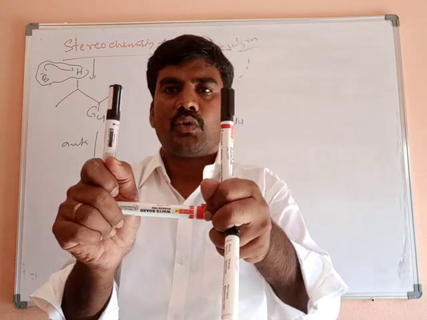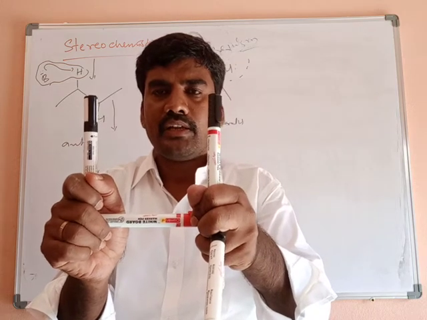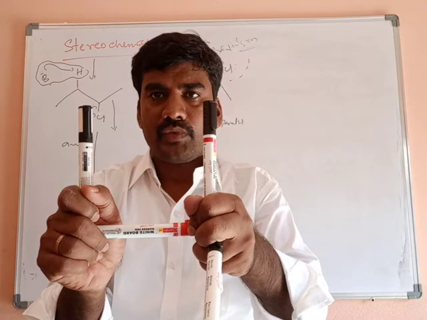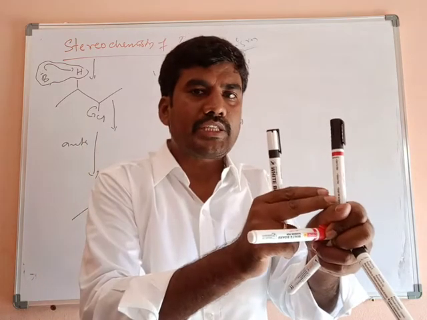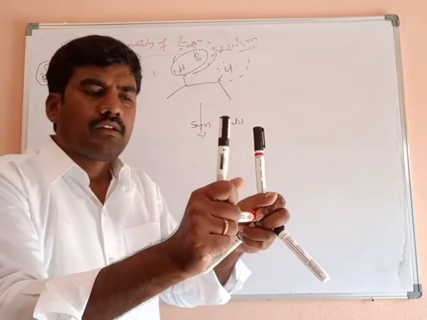When these are close, when the hydrogens are parallel to each other, this is called the eclipsed conformer. Okay, we can rotate this. Keep this bond stationary and rotate the carbon atom.